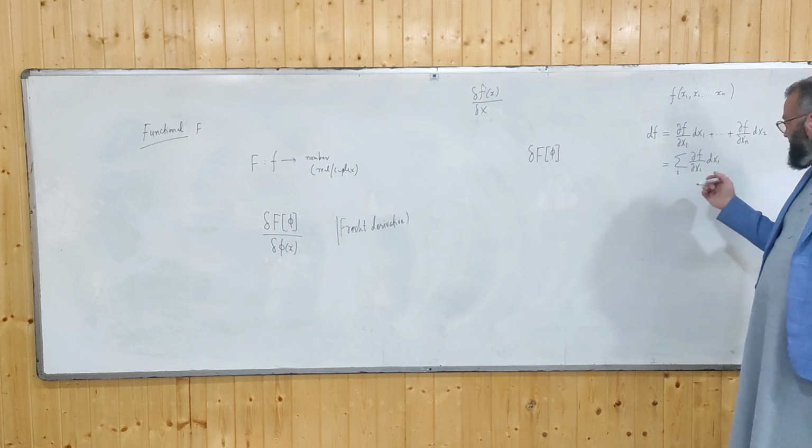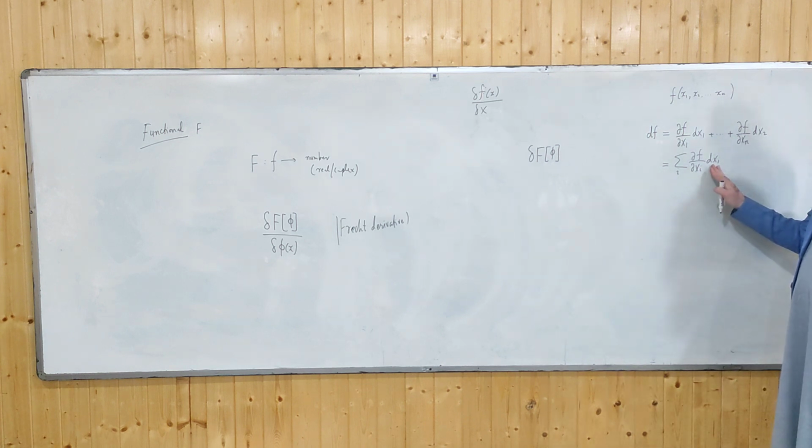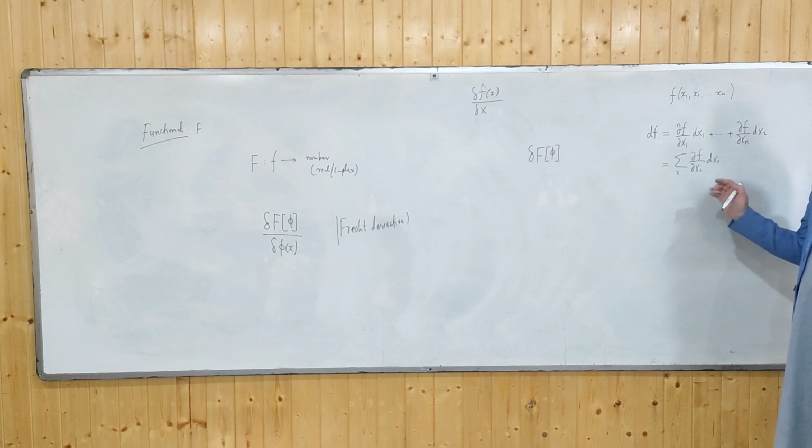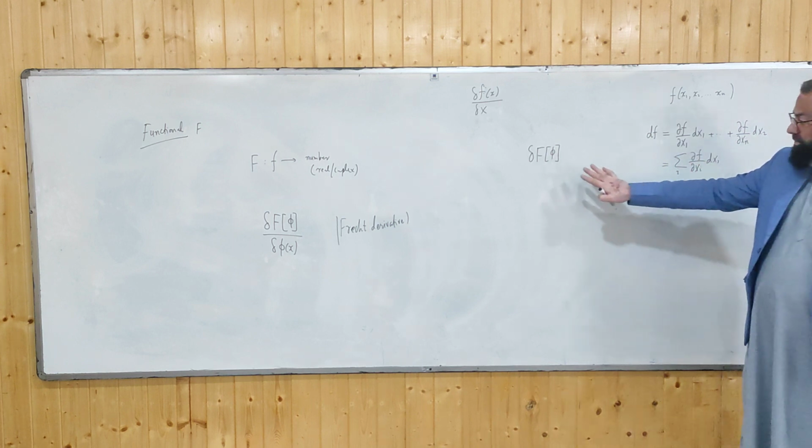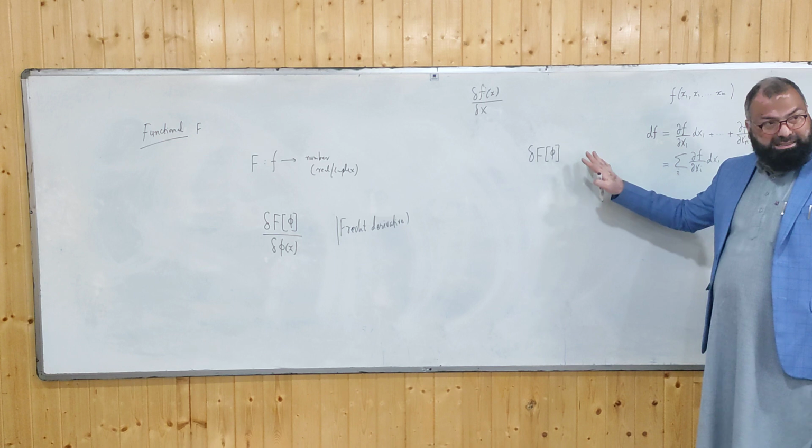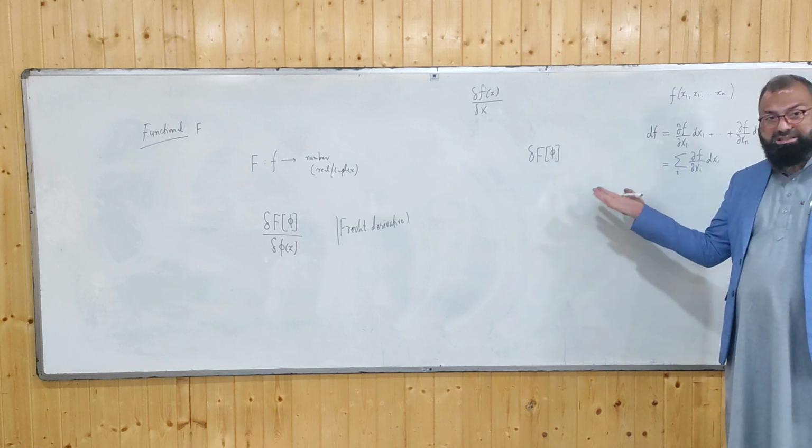Instead of the variation of x here, you will put a variation in phi. That means you write the variation of f as a linear sum of all the possible variations at a given point.